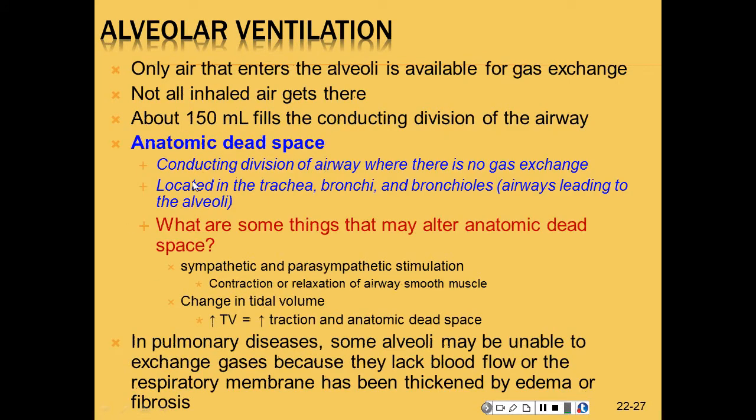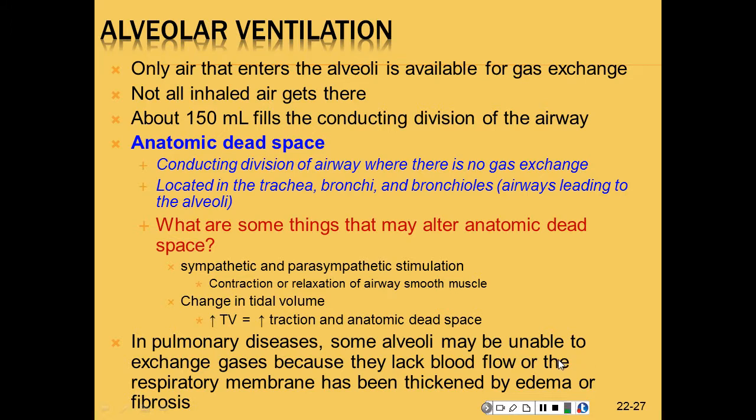Okay, so let's go back to this anatomical dead space. What are some things that may alter this anatomical dead space? We have sympathetic and parasympathetic stimulation, which is dealing with the contraction or relaxation of airway smooth muscles. Then we have a change in tidal volume. When we have an increase in tidal volume, you have an increase of traction in our anatomical dead space. So we have pulmonary diseases.